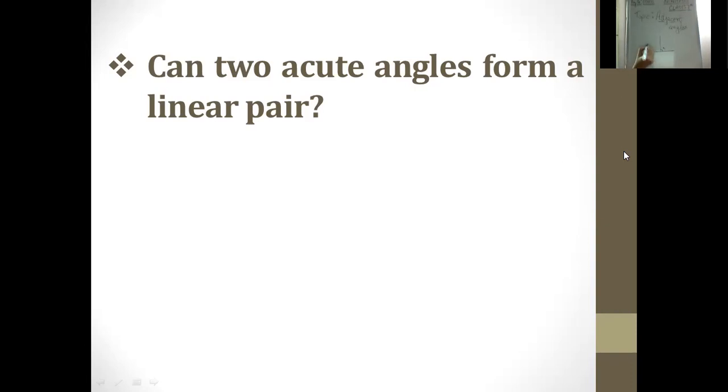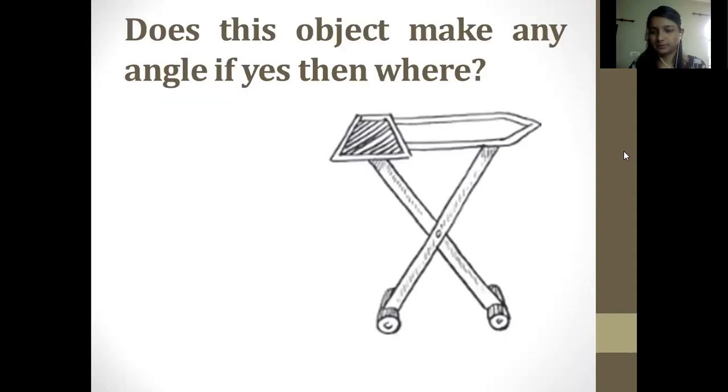So we can see that even if we are drawing this angle randomly here, if we are adding this angle with this, it would be just making this kind of angle. This would be the angle we would be obtaining. But we are not completing this right hand side. So we can say that it is making just an angle but not the linear pair. Linear pair is the straight line. So yes, students, it won't be considered as a linear pair.